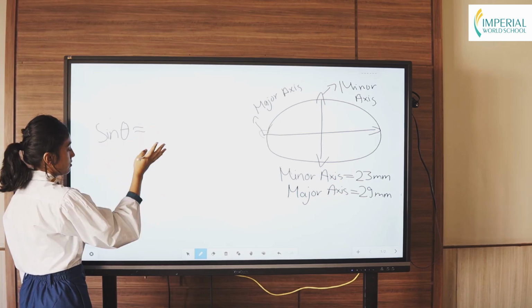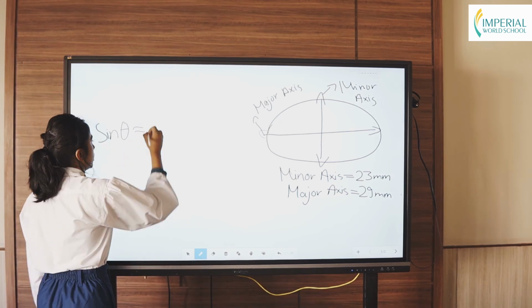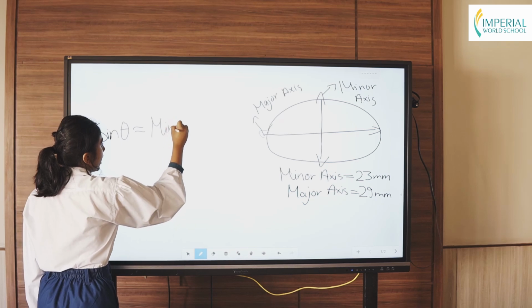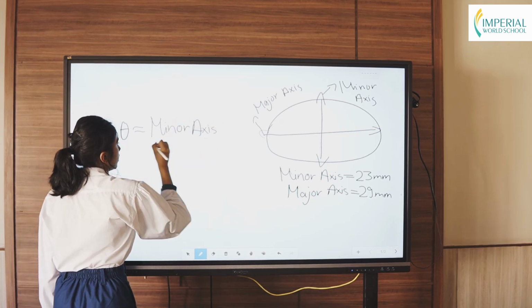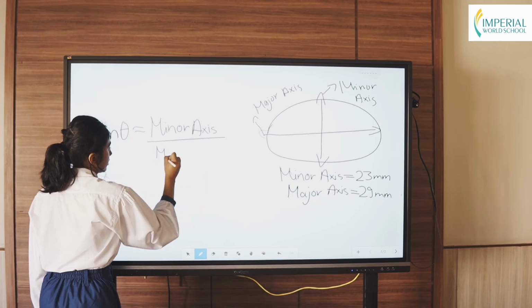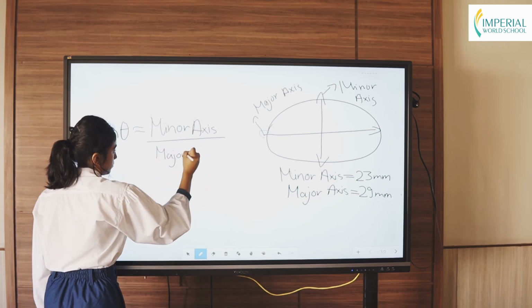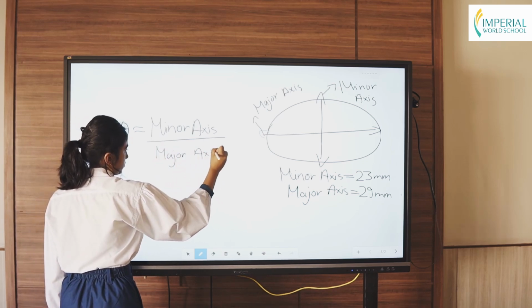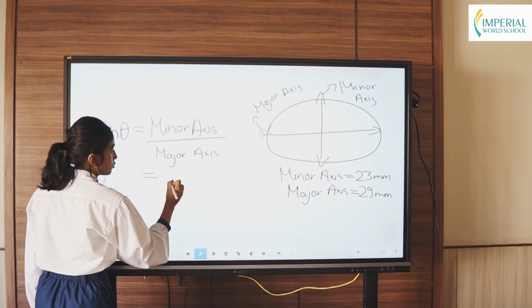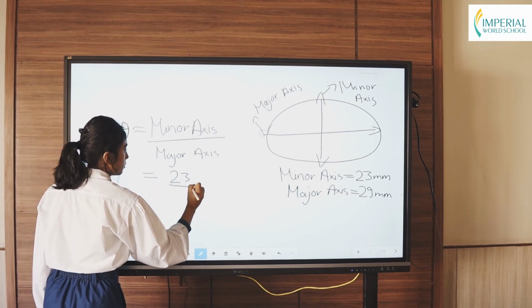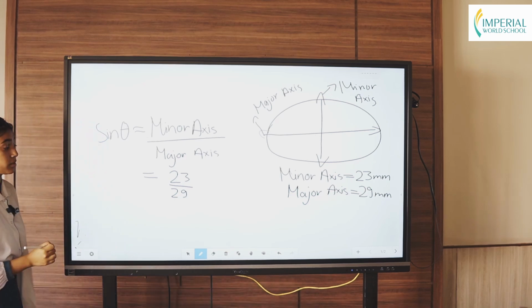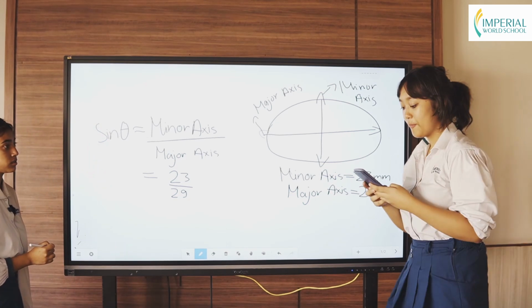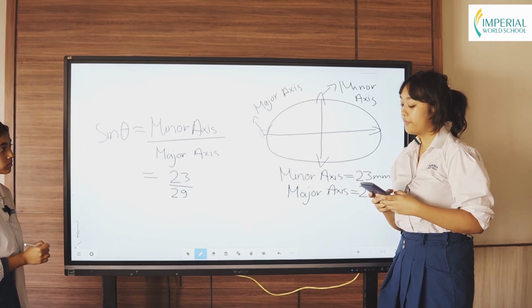So sine theta is approximately minor axis by major axis, which is equal to 23 divided by 29. Ashlyn, could you help me with the calculation, please? Of course. It's 52.5.